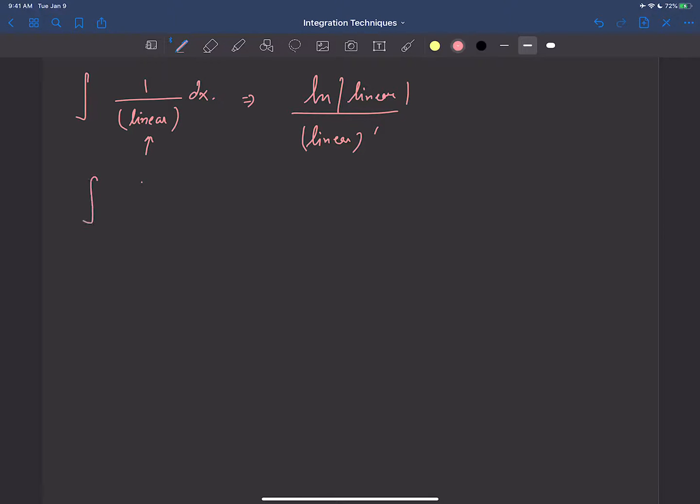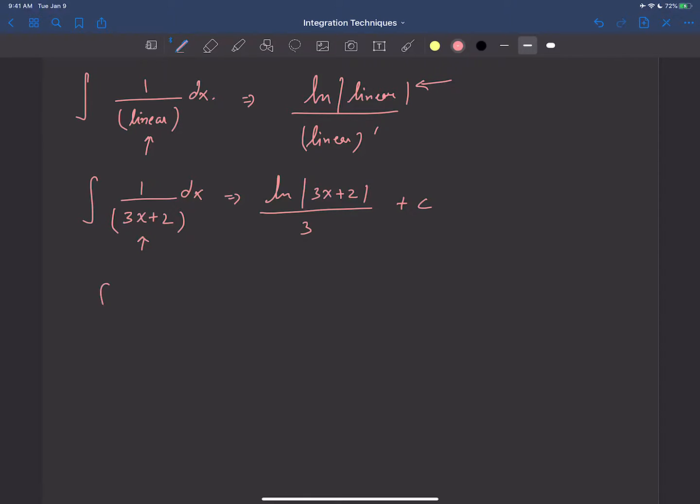So let's say for the integral of 1/(3x plus 2). Because 3x plus 2 is a linear, the answer to that will be ln of 3x plus 2, because you're not going to touch the linear. That's the rule. But you have to divide it by the derivative of the linear itself, which happens to be the derivative of 3x plus 2, which is just 3.